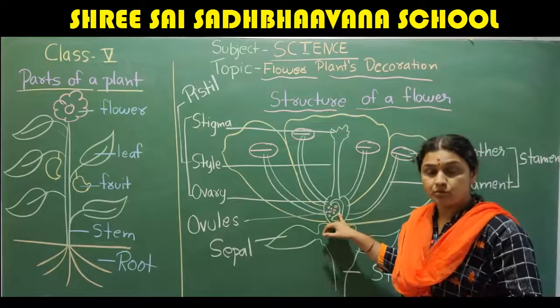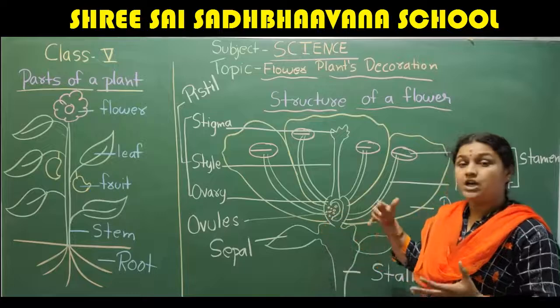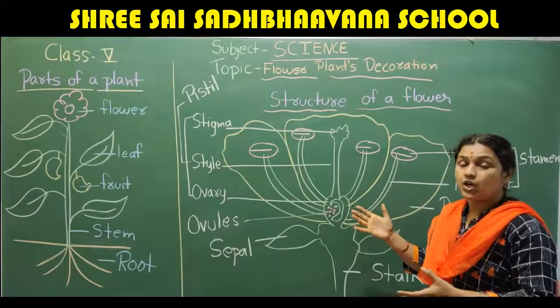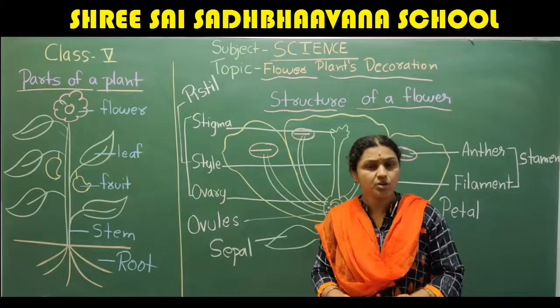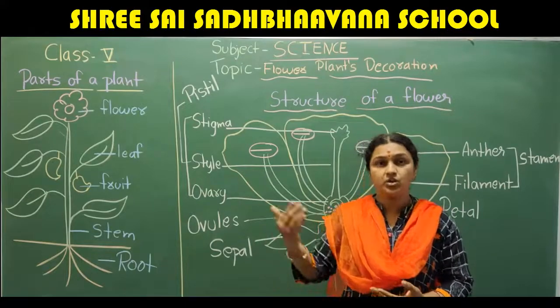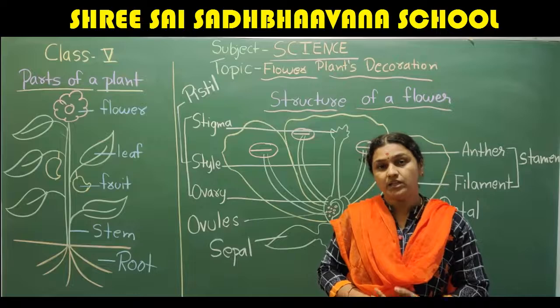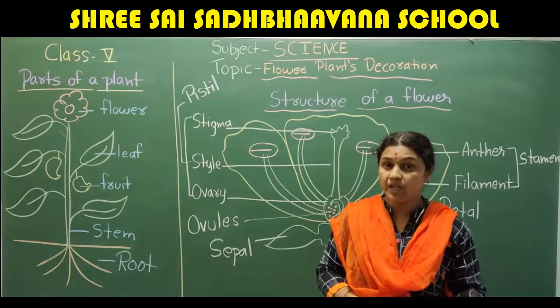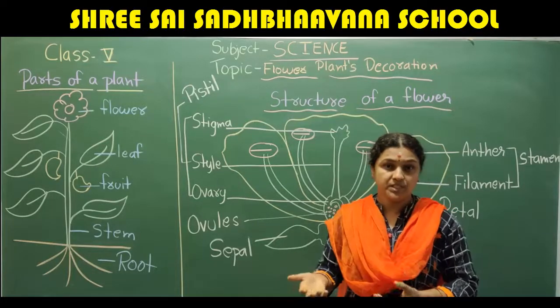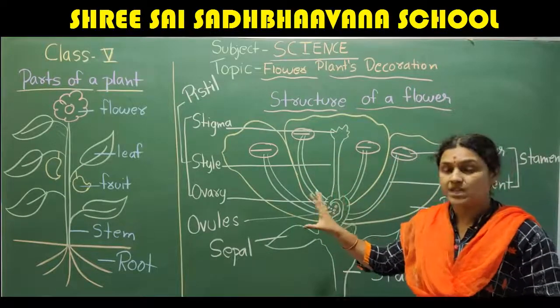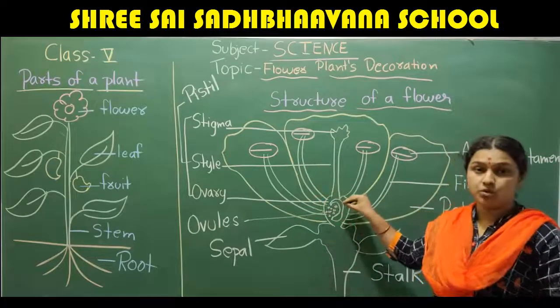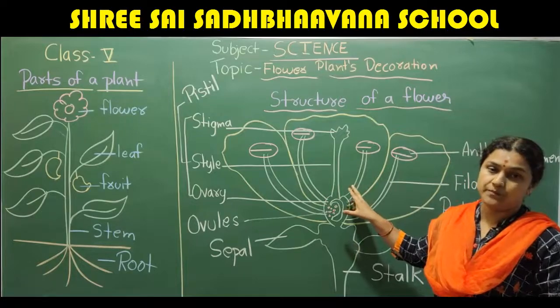Now, how does it get fused? Let's look into that. To understand this, we need to understand what pollinators are. Children, you have seen in the garden or in your school area the butterfly, the honeybees, and some birds, they come and sit on these flowers to suck the sweet juice that is there in the flower.